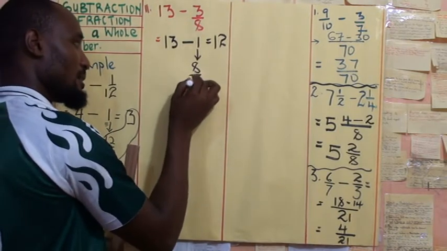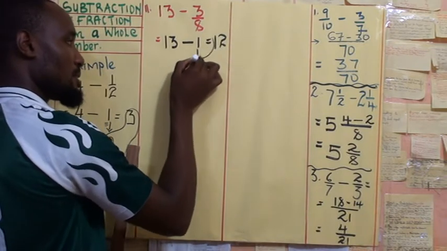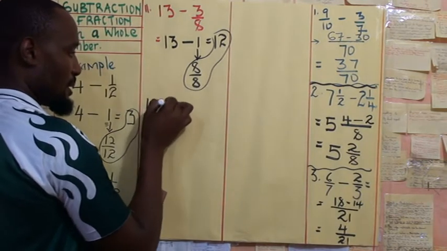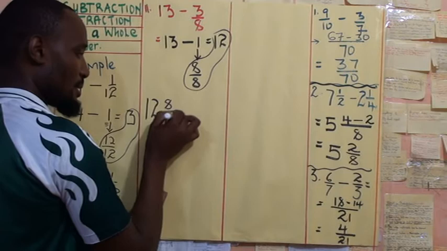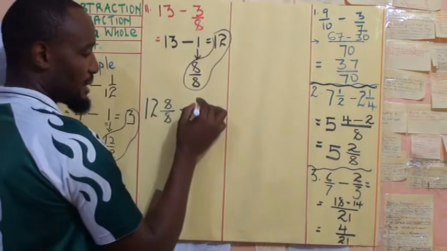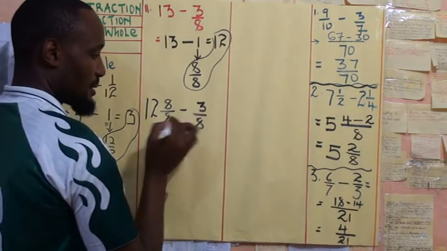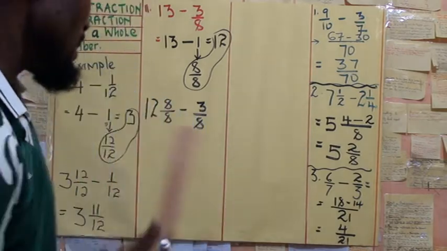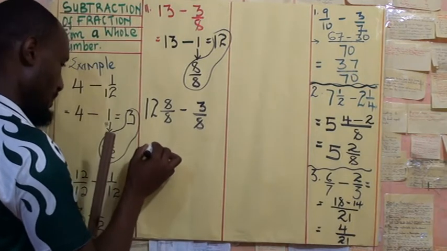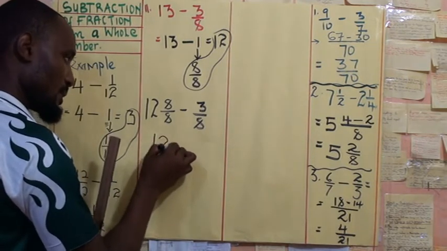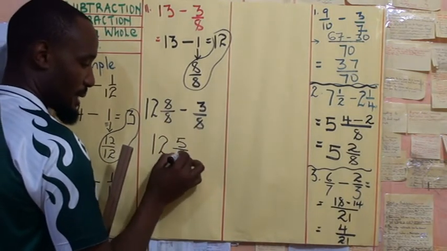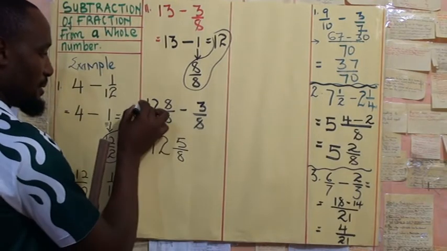It becomes 8 over 8. Combine these two to make a mixed fraction. That is 12, 8 over 8, minus this, that is 3 over 8. Now you will take 12 as a whole number. 8 minus 3 is 5. And 8 remains 8. So your answer is 12, 5 over 8.